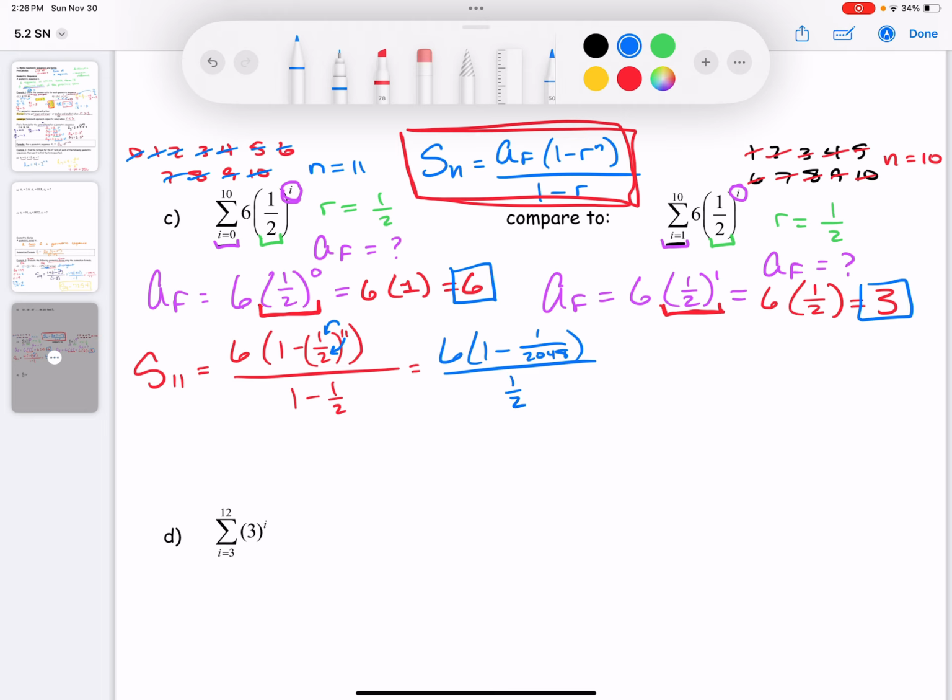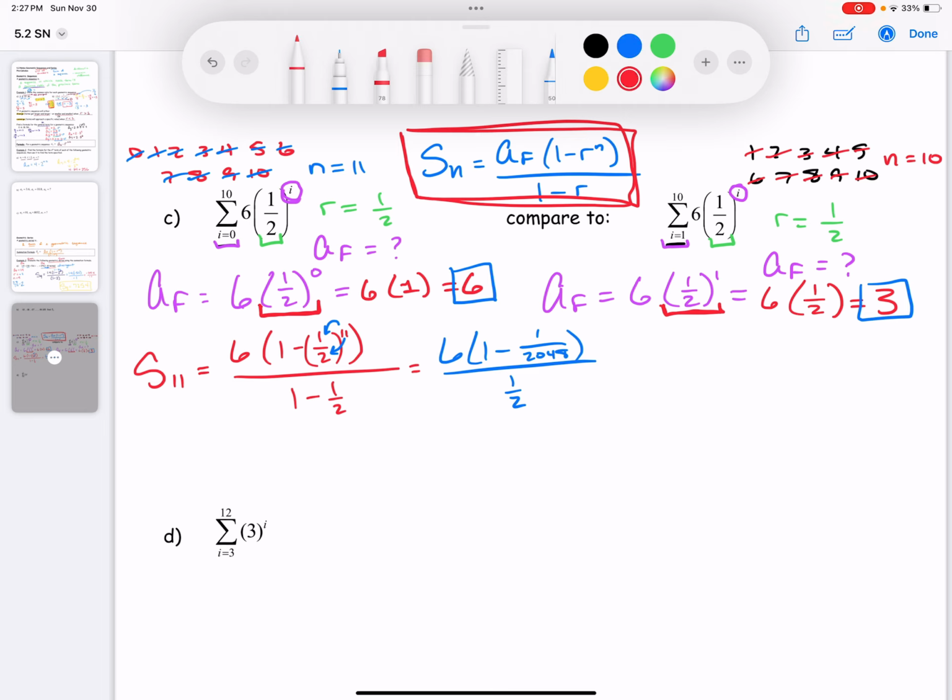So a lot of weird numbers in here. If you have your calculator, which you will, you can use it to figure out these tiny, tiny numbers. But 1 minus 1 over 2,048, I'm going to work it out right now. 1 divided by 2,048, and then 1 minus 1 divided by 2,048.